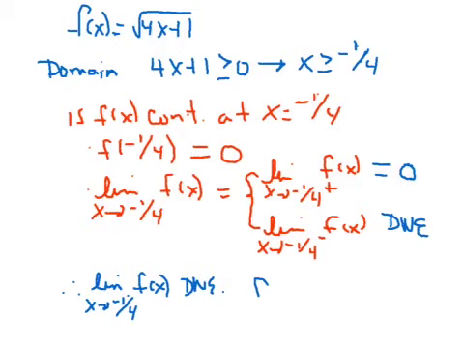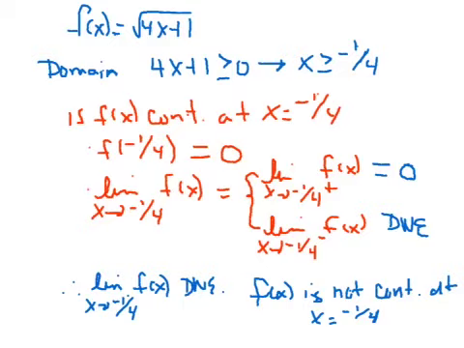And so f of x is not continuous at x equaling negative 1/4. Press the arrow to go to the next slide.